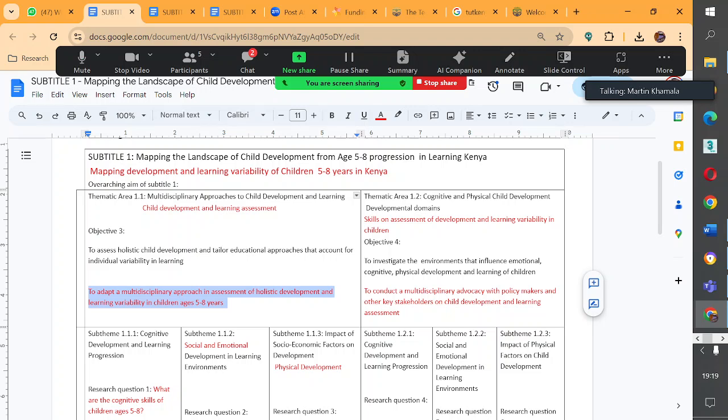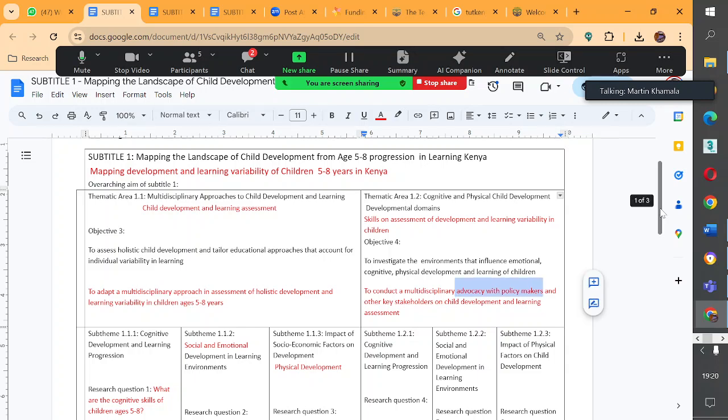The objective of the second one, which is looking at the skills on assessment of development and learning variability, is to conduct a multicultural advocacy with policymakers and key stakeholders on child development and learning. Again, this is very much aligned to the objectives of the LEVANTE call, this issue about advocacy with policymakers.